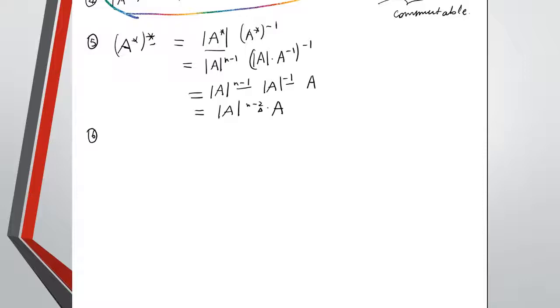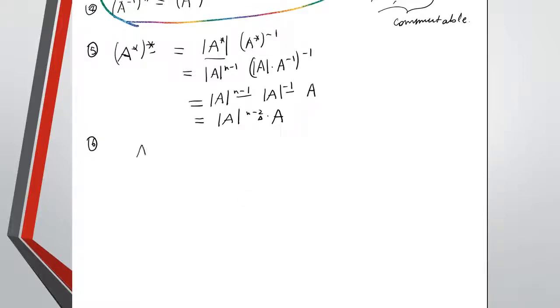Okay, so problem number 6 will be more interesting. Remember, we talked about the rule called the put on and take off rule. So let's look at the general version of this. If we have A times B, we want to look at its adjoint. We can simply write it as B adjoint times A adjoint.